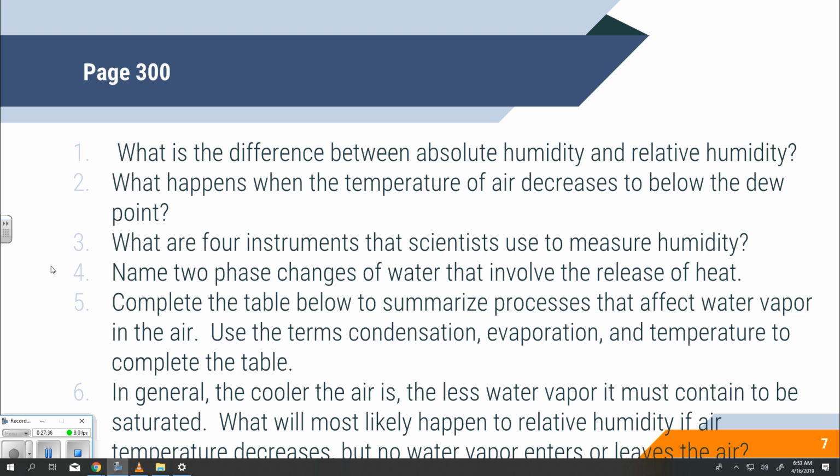Question 1. Answer can be found on pages 297 and 298. Absolute is the amount of vapor the air holds.